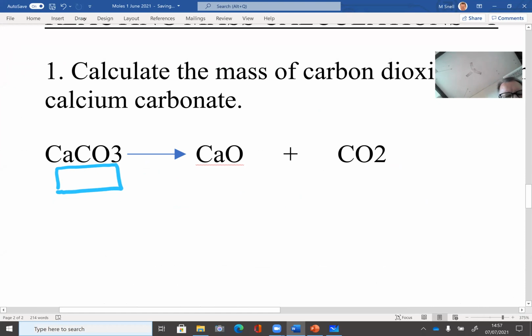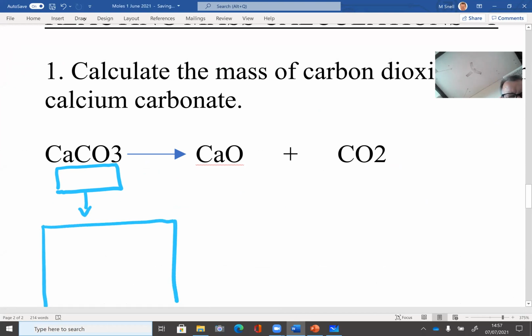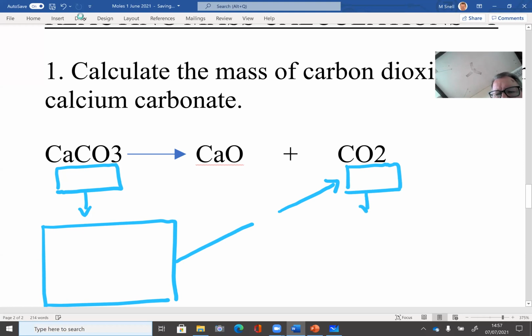I use a small box starting with the calcium carbonate. We'll see why in just a minute. And then a much bigger box. And then I have an arrow which goes across, with a break in it, to the carbon dioxide, because that's what we're interested in. And there's a small box here, and then another big box.